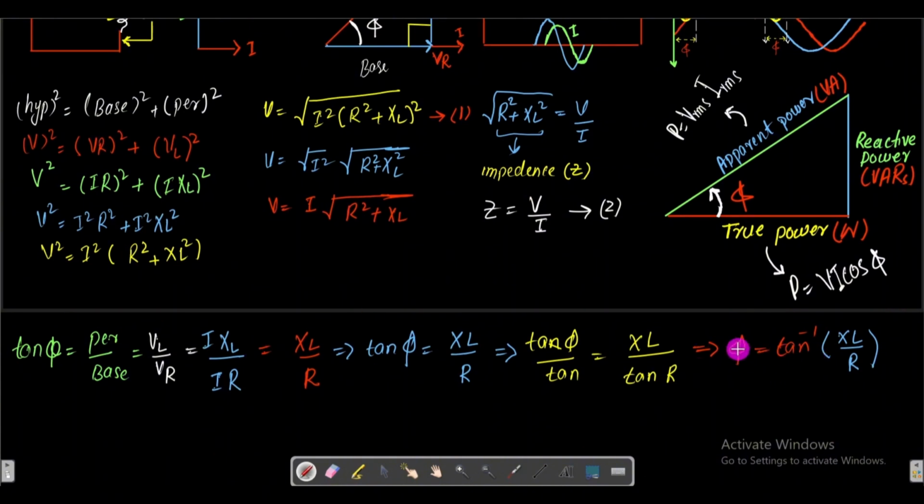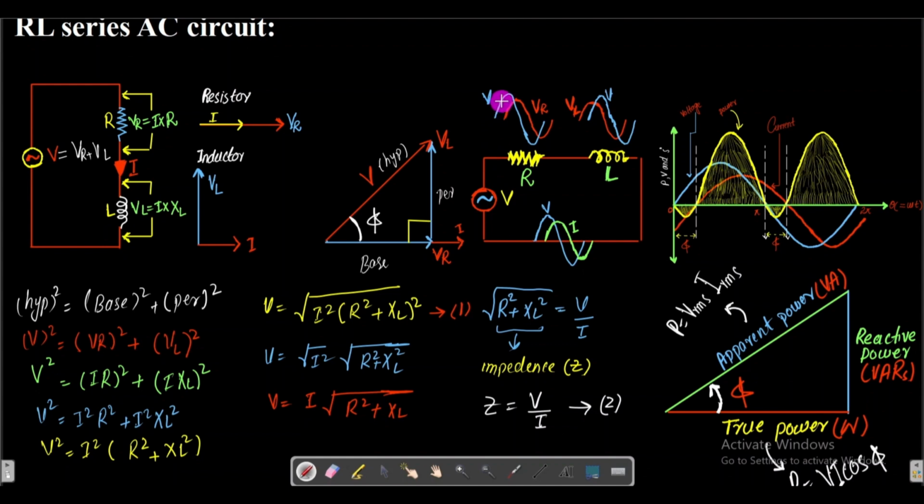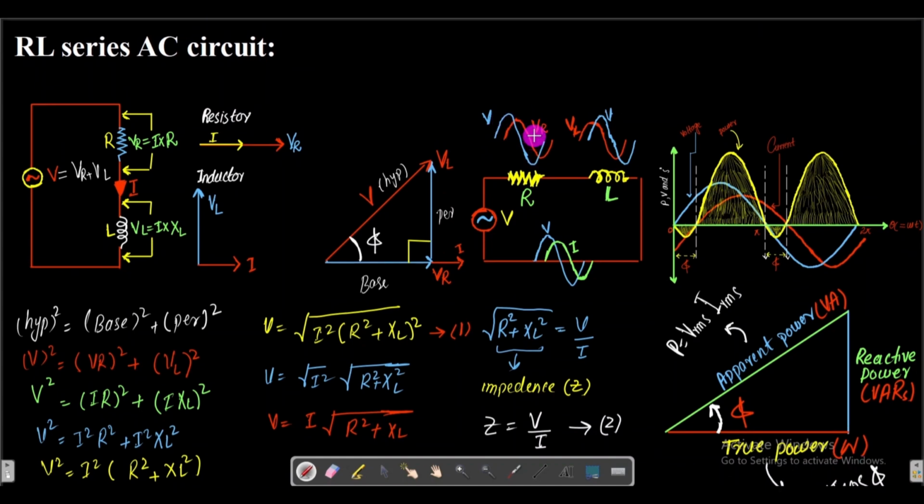The provided voltage will be leading the voltage of the resistor by this angle, which is given by tan inverse of XL by R. This voltage is leading VR by that same phi.